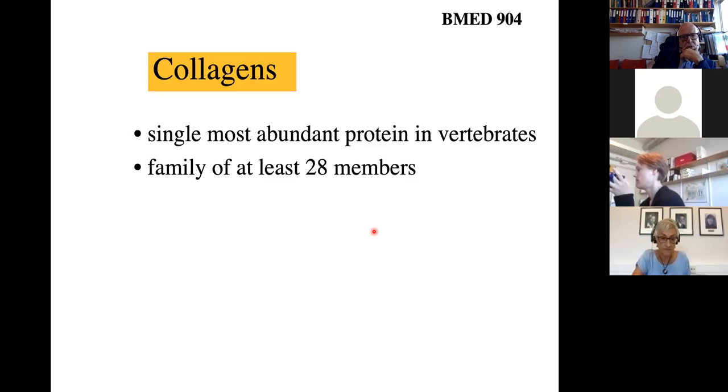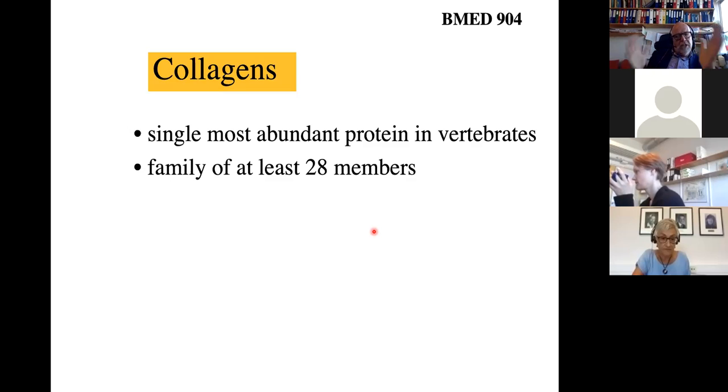So we can say a lot about collagens, and we could have 5 lectures just about collagens, but we will go through it very quickly. So collagens are the most abundant protein in vertebrates. That is because collagen makes up the skeleton, and the skeleton is a big part of us. So collagens are part of skeleton, cartilage, and tendon.